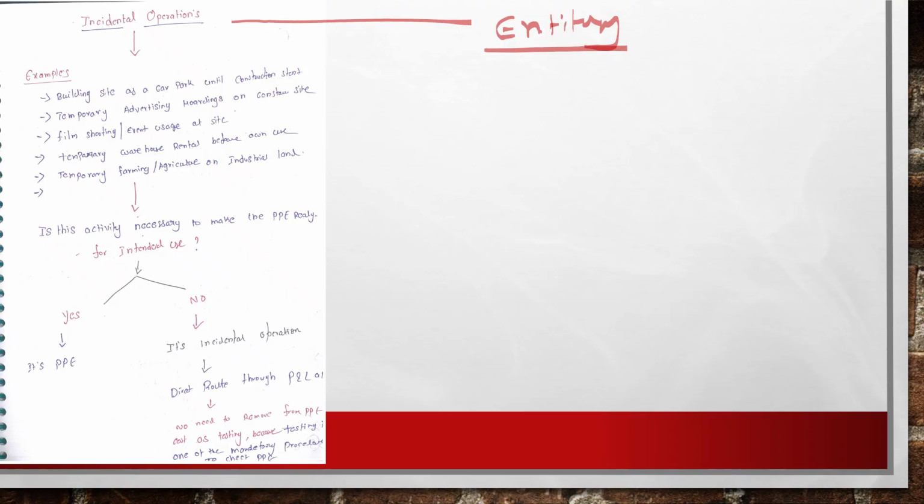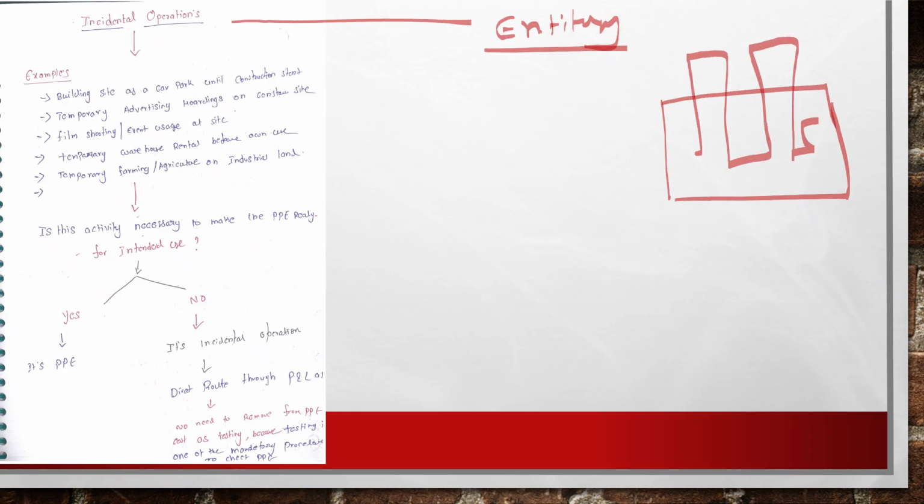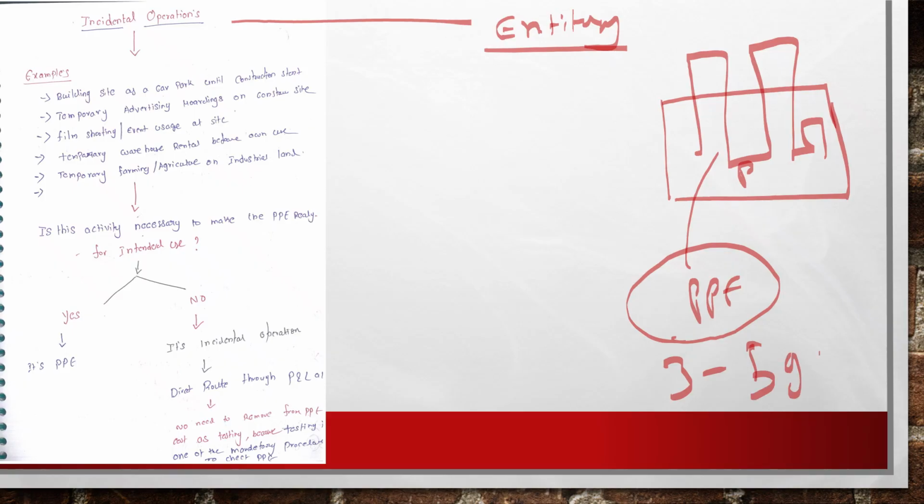Means, say suppose you have one land. In that land you want to construct a big power plant. So this PPE will take a minimum of 3 to 5 years to construct the power plant.